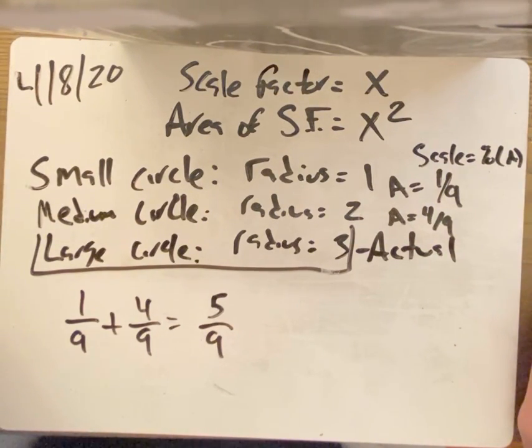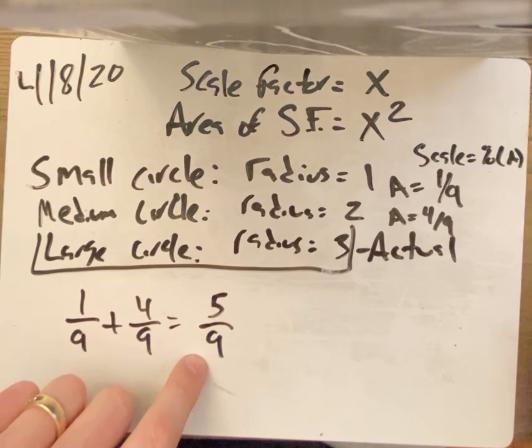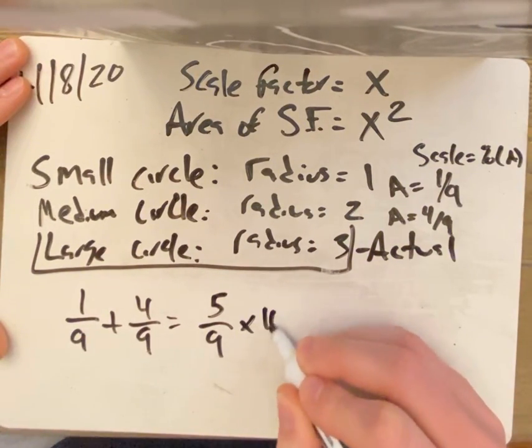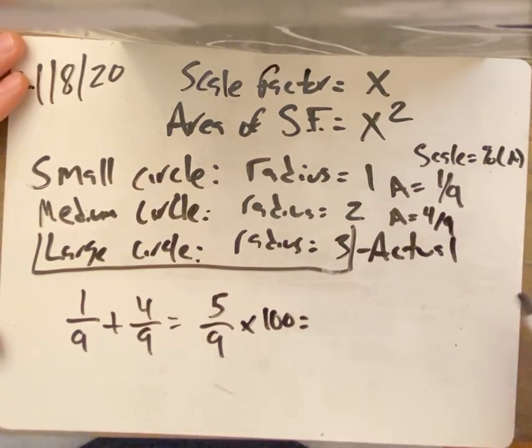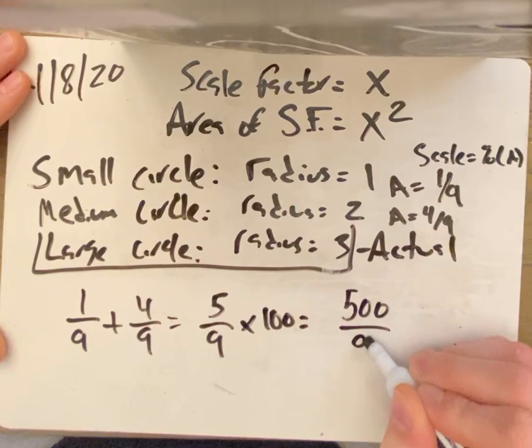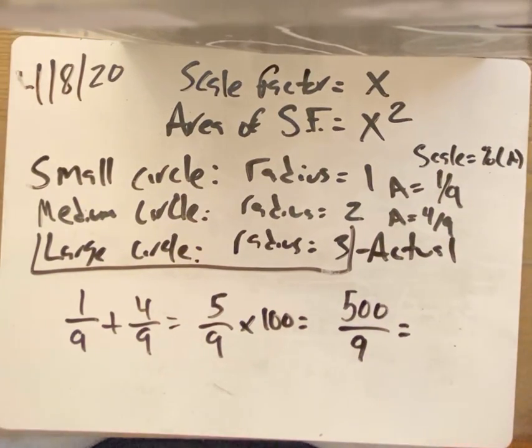But we're not done because the scale factor is a percentage. So I'm going to multiply this by 100, and this gets me 500 over 9. Now I'm going to turn this into a percentage really quick. How many 9s go into 500?